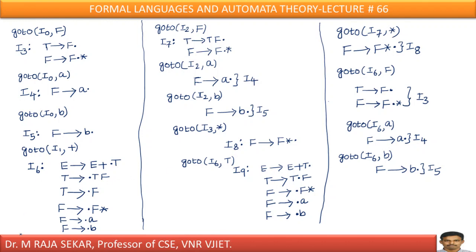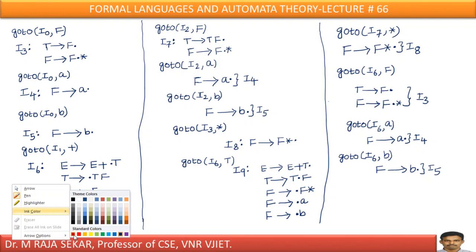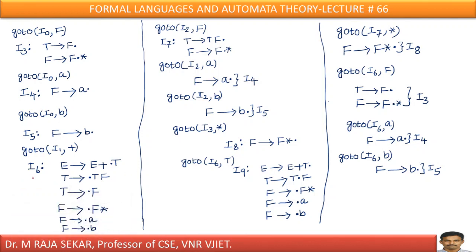I6 comma T we completed. Now if I say I6 comma F, what will I get?